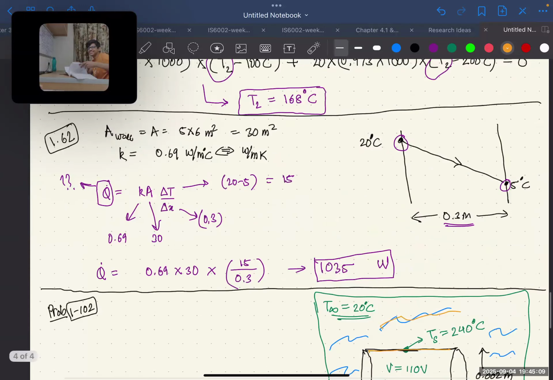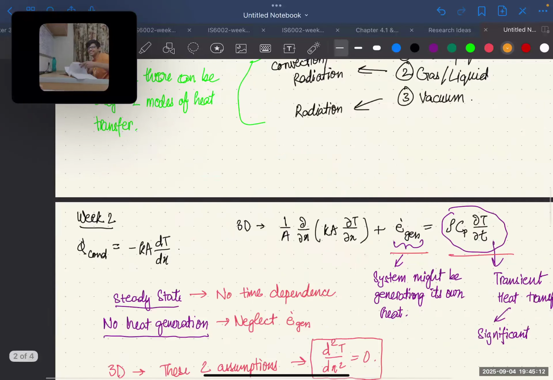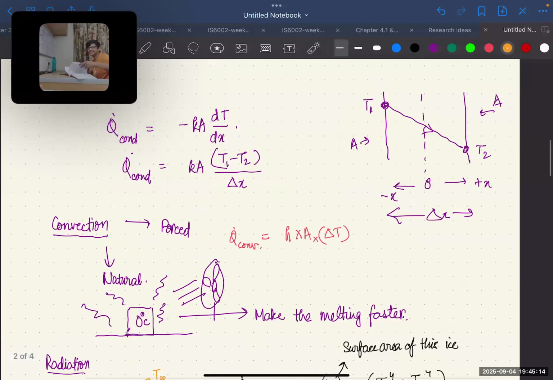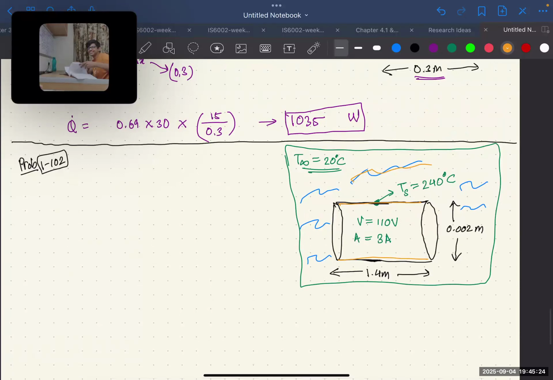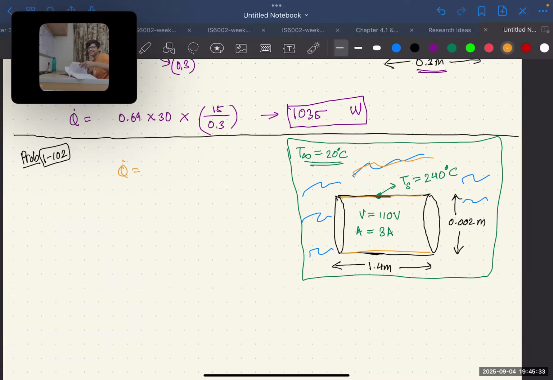Going back to convection very quickly, this is the convection equation: Q dot convection is h times A times delta T. So we'll just plug in the equation directly. It's a very simple convection problem. Q dot is h times A times delta T.